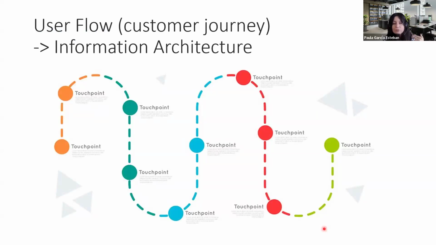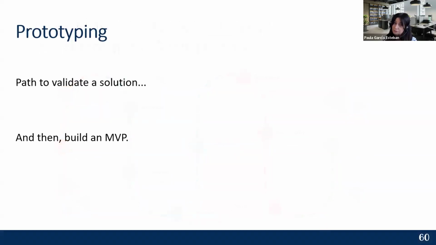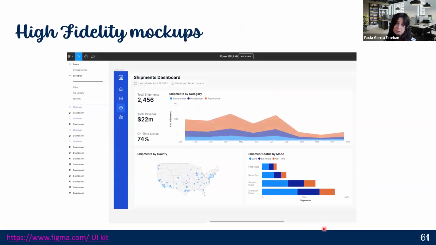You choose, but you need to think about the order, because it's going to allow you to define or fine-tune the previous definition we already did. Then we need to prototype, as I have already mentioned. We need to find a path to validate a solution. And we can talk about high fidelity mockups.